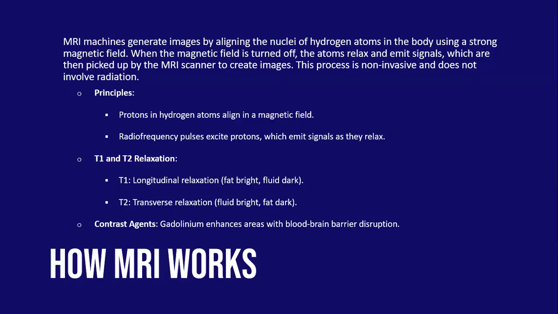So in each of these particular relaxation modes, you would have the appearance of various tissues depending on their water content, having different intensities. So for example, in T1, you would see that fat is bright and fluid is dark, or what we call black.